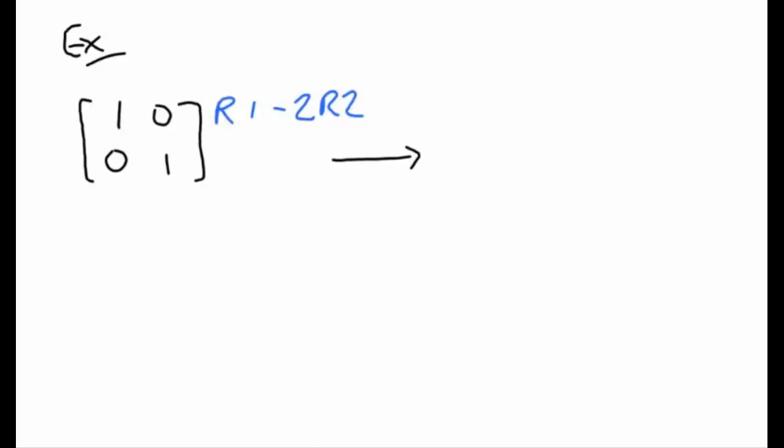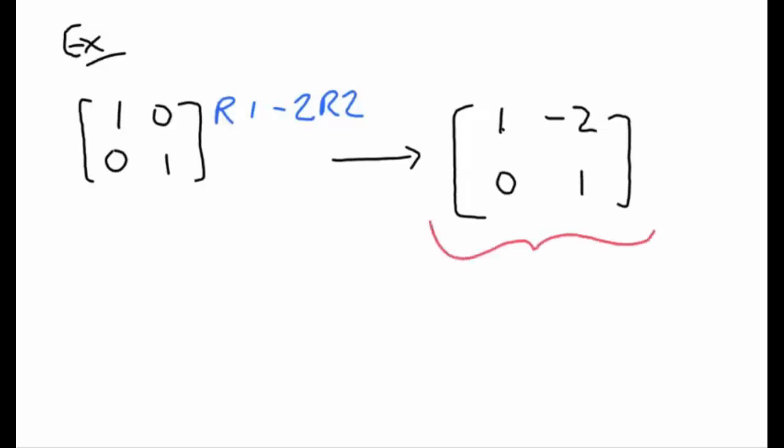Later, when we're actually working on some questions, you're going to know which operations to use, or you're going to be given the elementary matrices to work with already. So back to it. When we do the operation row 1 minus 2 row 2's, we're going to get the following matrix. And this matrix is an elementary matrix, and it's a type 2 elementary matrix.